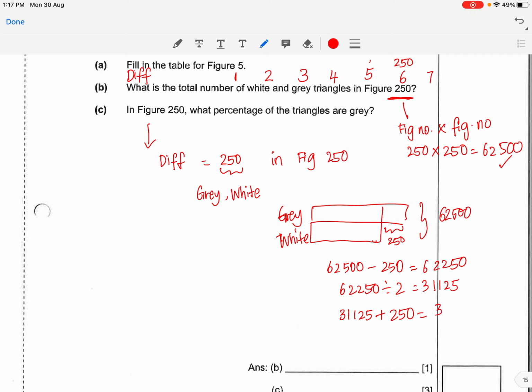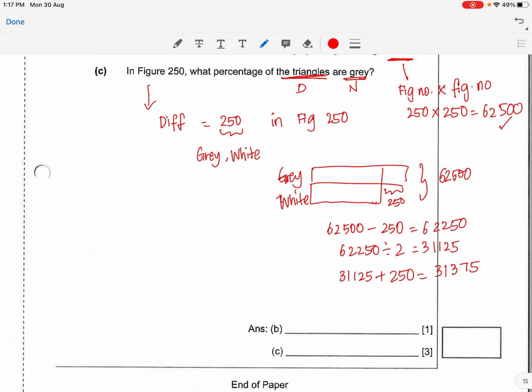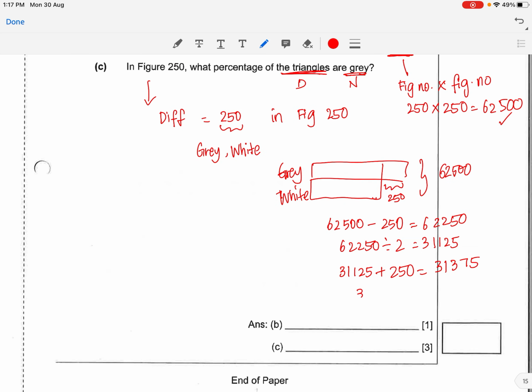I'll get 31,375. Now is the part, what percentage of the triangles are grey? This will be the denominator, this will be the numerator. So I would have my numerator, which will be the grey, out of my total, which will be 62,500. I times 100 to get the percentage. I'll get 50.2. So my answer for part C will be 50.2%.